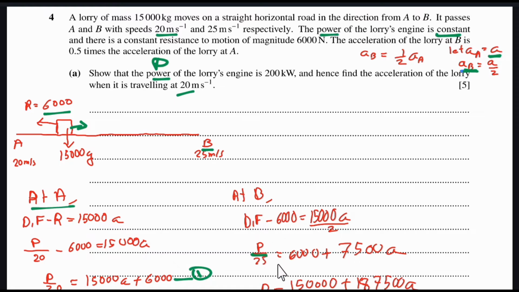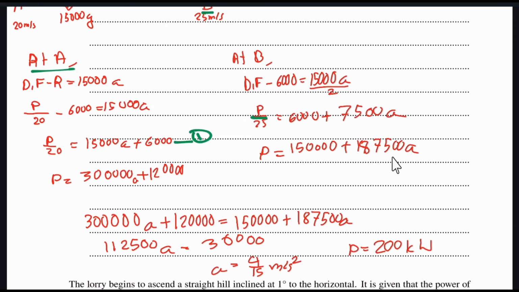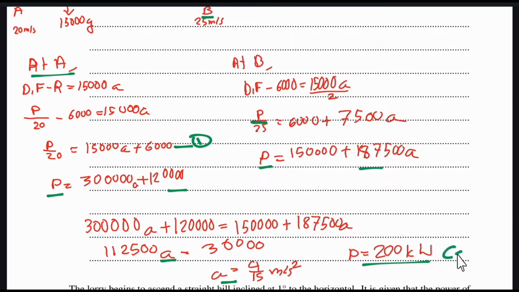Power by velocity minus resistive force is equal to mass into acceleration. After substituting the values, we get two equations. Then we equate the power from both to find the value of acceleration. Then substitute the value of acceleration in either equation to find the power, that is 200 kilowatts. Thus shown.